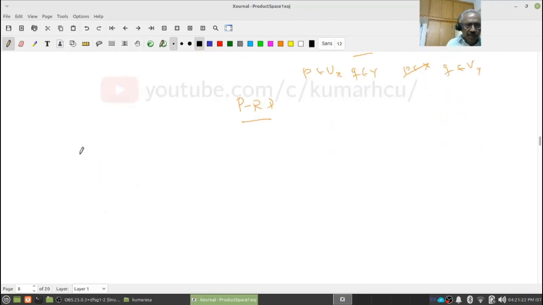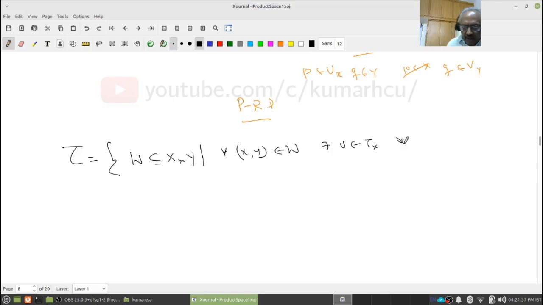So with the topology tau I can rewrite this as the set of all w in x cross y, so that for every xy in w there exist u in tau x and v in tau y, so that xy belongs to u cross v and that is contained in w.